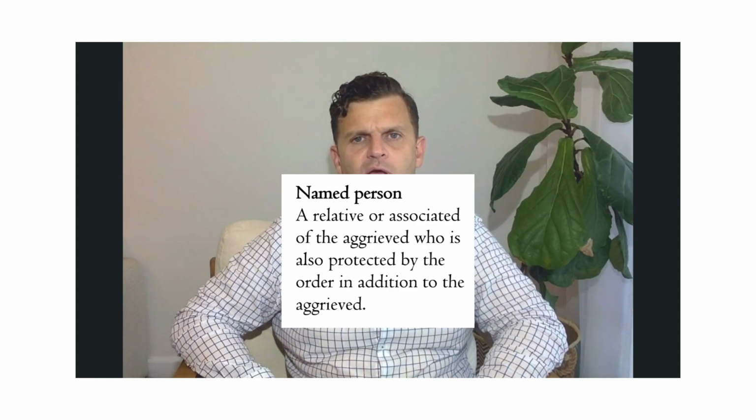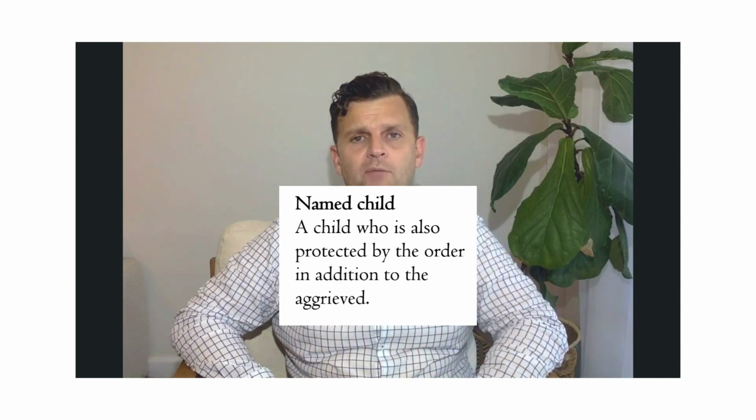What is a named person and a named child? Well, when the court makes a domestic violence order protecting the aggrieved, the court can also protect a relative or associate of the aggrieved from associated domestic violence. And the court can also protect a child from being exposed to the domestic violence or experiencing associated domestic violence.